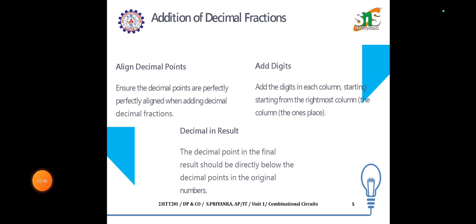Next is add digits: add the digits in each column starting from the rightmost column, the ones place. Next is decimal in results. The decimal point in the final result should be directly below the decimal points in the original numbers.